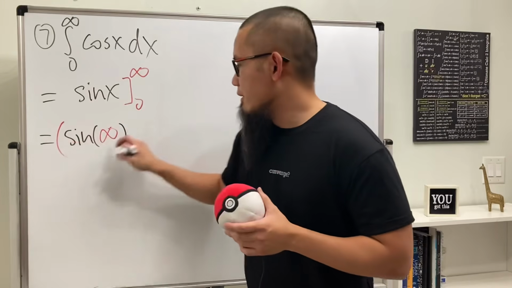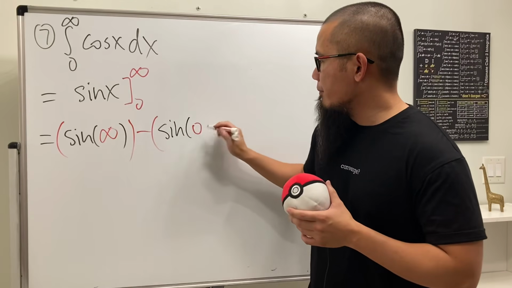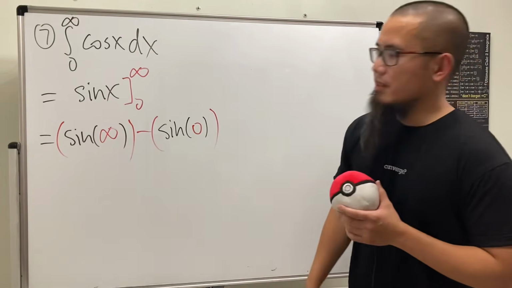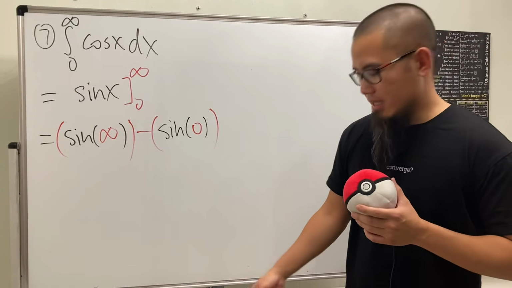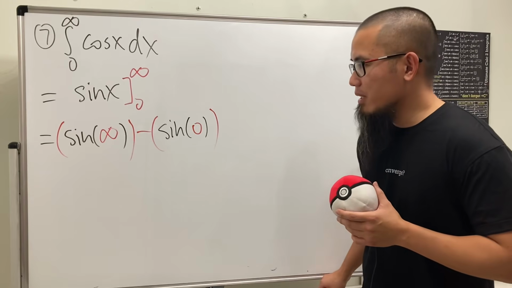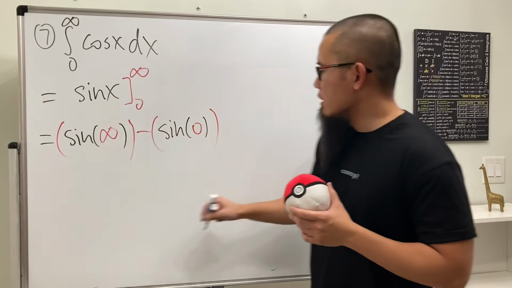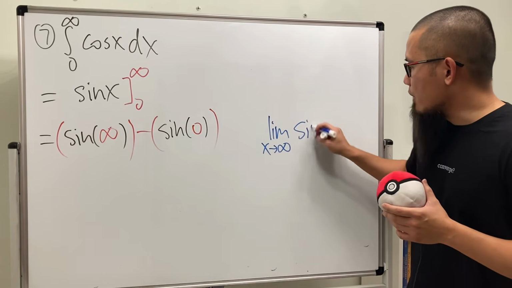But anyway, first term minus the second, we just have sine of 0. Now, this right here is 0, easy. But what's this? We do not have the limit for that. So, if you look at the limit as x approaches infinity of the sine function, right?